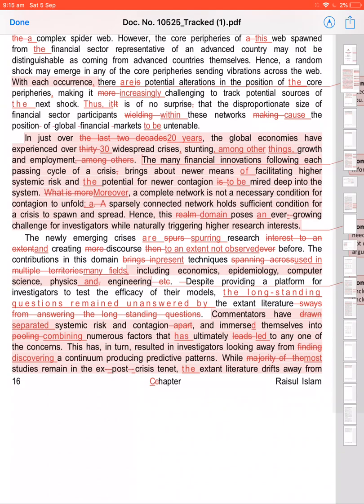No, newer means of facilitating higher systemic risk and the potential for contagion is mired deep, wrong. To be mired deep into the system. Means of should follow means of facilitating. Mired should be preceded by to be mired deep into the system.